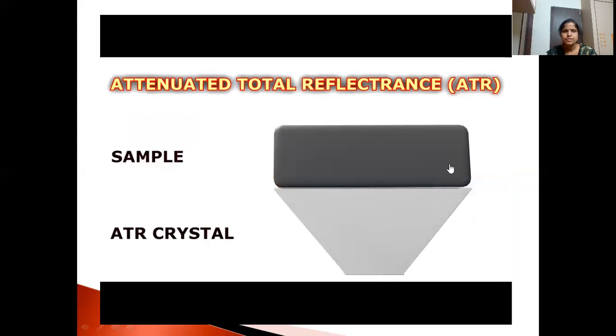The sample is placed on it and the IR source is irradiated onto the sample. When the light falls on the sample, a little of it is absorbed and the remaining is reflected back, and this reflected light is recorded as the spectrum.